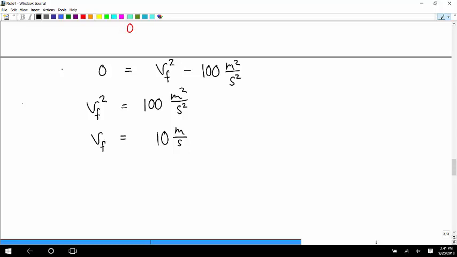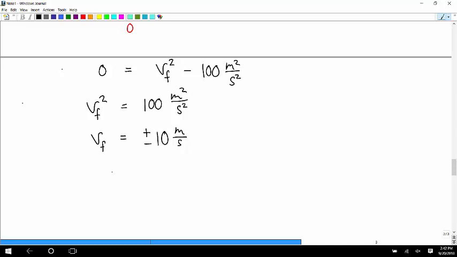There's something important that I missed. When you take that square root, it's plus or minus, and now we're going to use the physical meaning to tell us which one we want, the positive or the negative. What's happening is it's saying when the thing is at 3 meters high, it either has a positive velocity of 10 meters per second or a negative velocity of negative 10 meters per second.